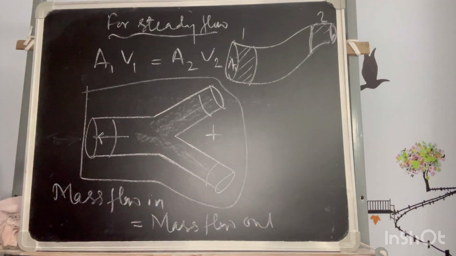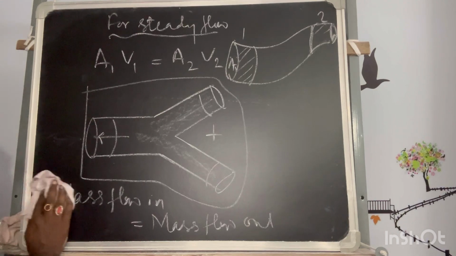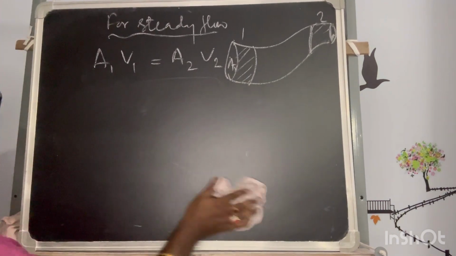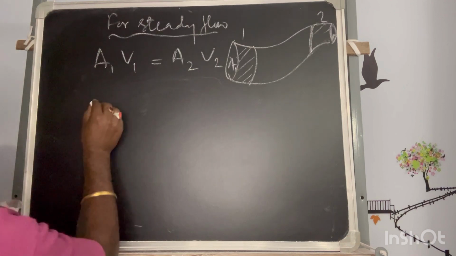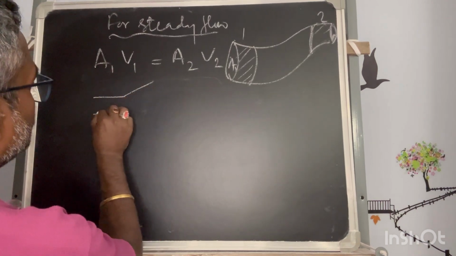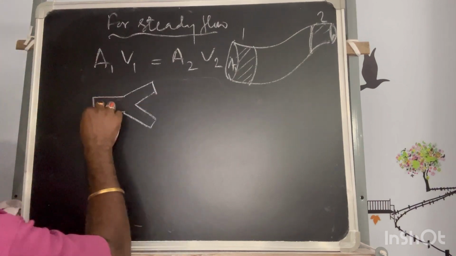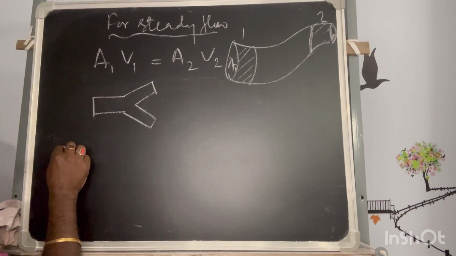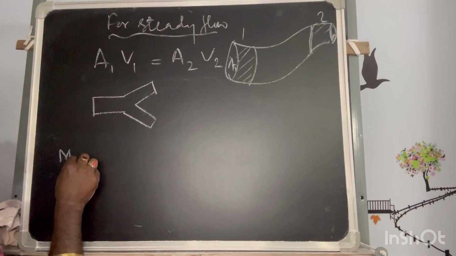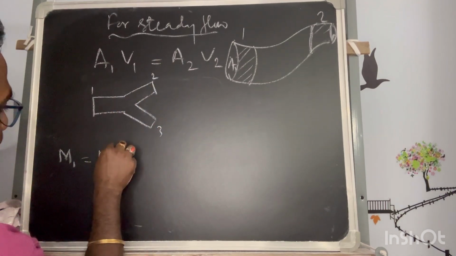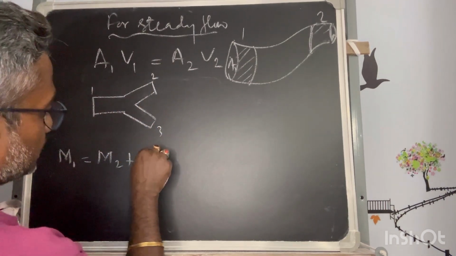If I assume this kind of arrangement, where one path is in and two paths are out, we can have the mass flow rate at point 1, with 2 and 3 as the outlets, equal to m2 plus m3.